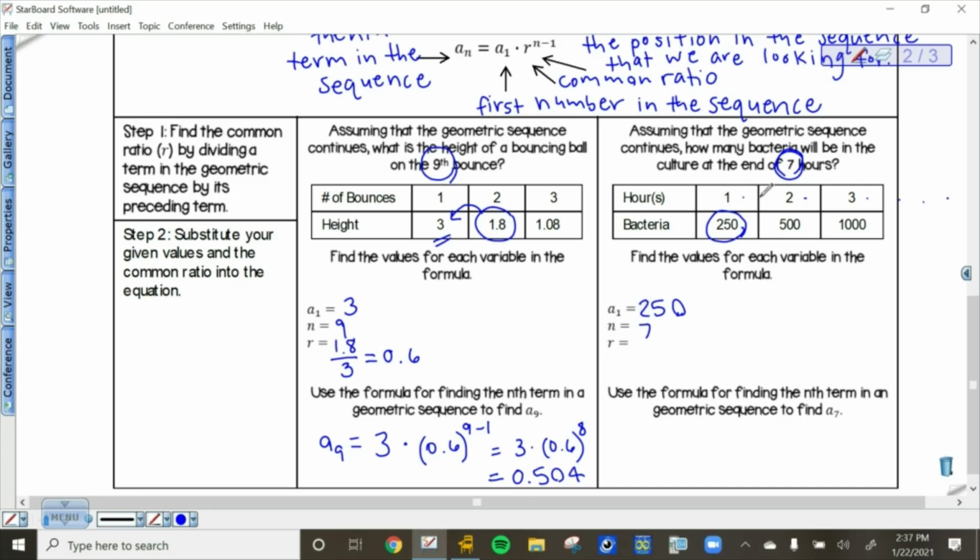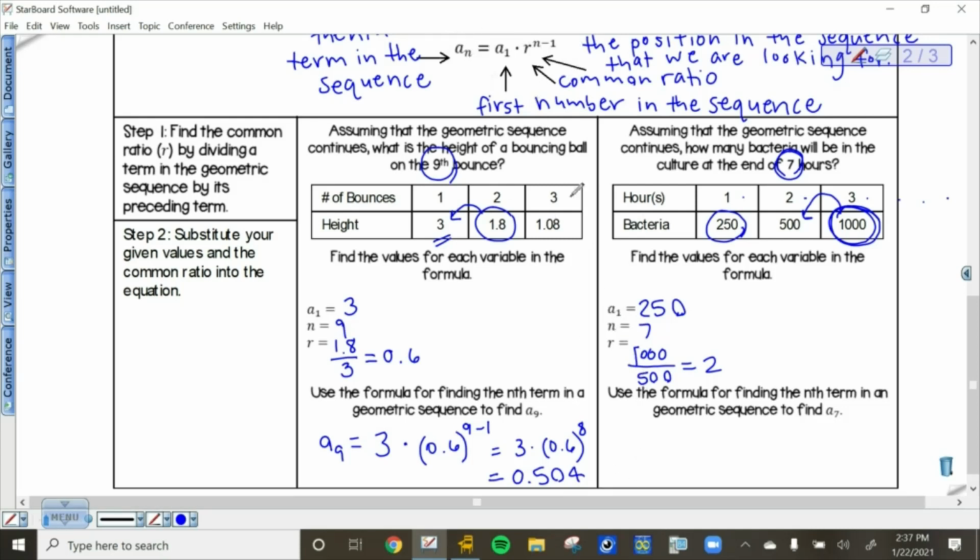We figure it out by taking one term, so let's take 1,000, and we divide it by the previous term. So that's 1,000 over 500, which is 2. So now we have our 3 variables, and we can plug them into our formula.